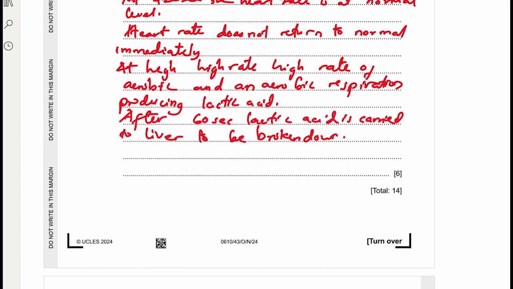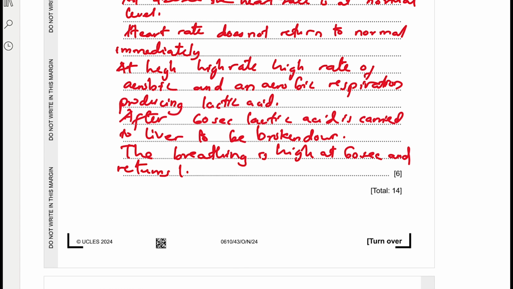And also, I spoke about the breathing rate. The breathing rate is high at 60 seconds and returns to normal at 420, in this graph, from the period of 60 seconds to 420 seconds.